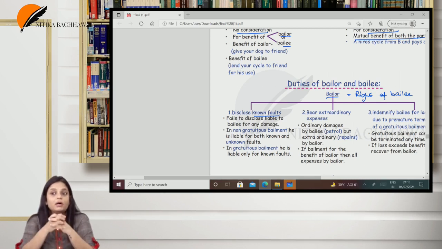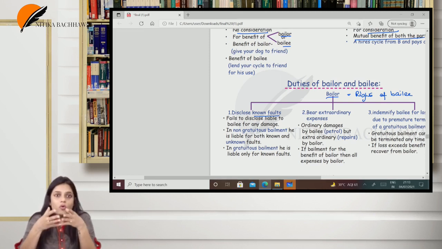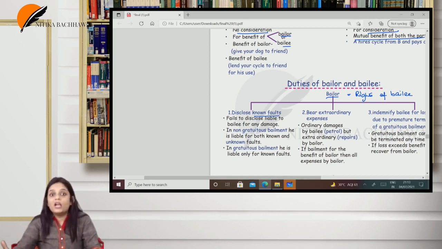If the contract is a gratuitous contract, it is not for consideration. Please understand, there could be defects which are known to the bailor, and there could be defects which are not known to the bailor. The goods have some defects, but the bailor is unaware of those defects.